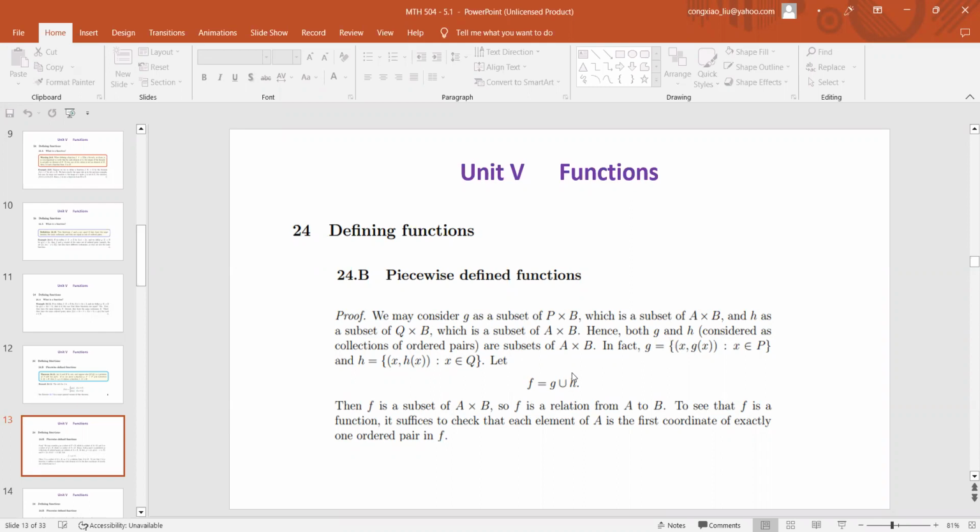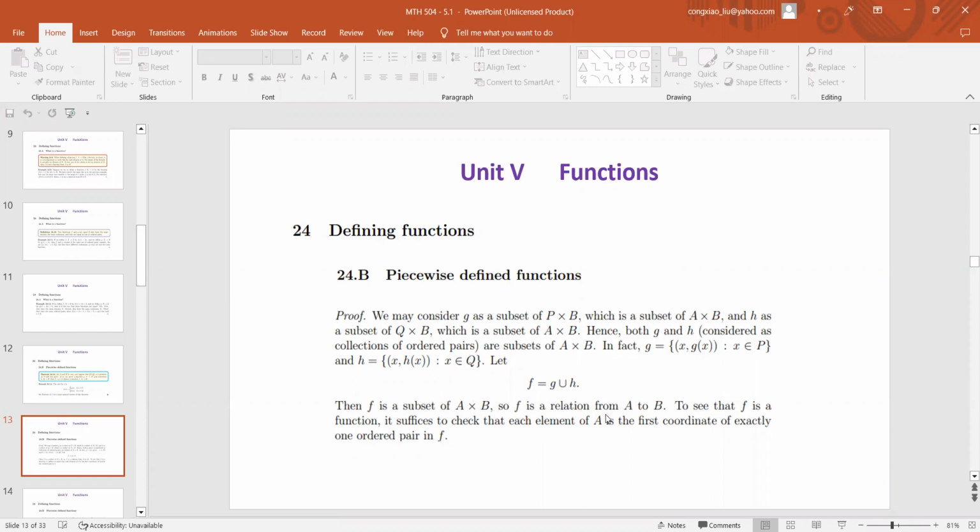Then F is a subset of A cross B, because both G and H are subsets of A cross B. If we take the union of two subsets of a set, then the union is still a subset of the big set. So F is a subset of A cross B.